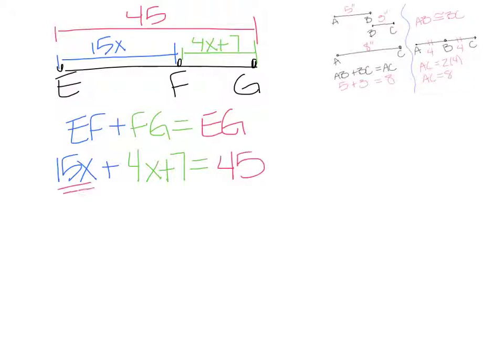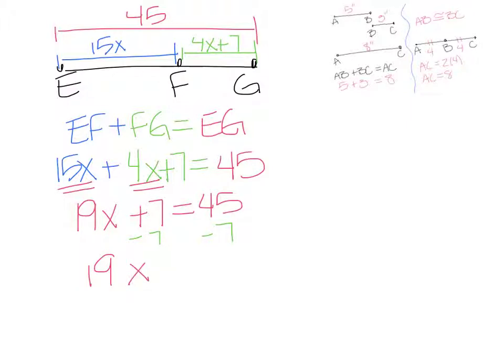We can combine like terms. 15x plus 4x is 19x. Bring down the plus 7, that equals 45. Subtract 7 from both sides. We get 19x equals 38. Divide both sides by 19. And we know that x is 2.